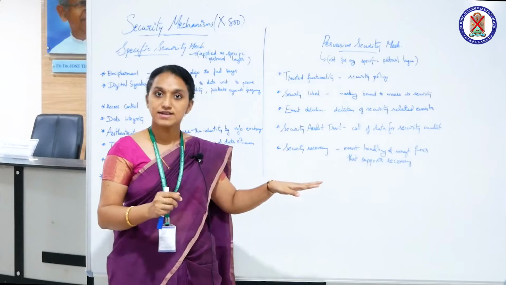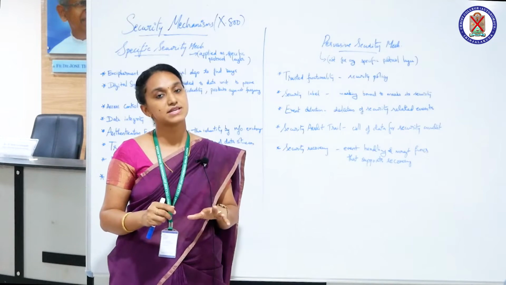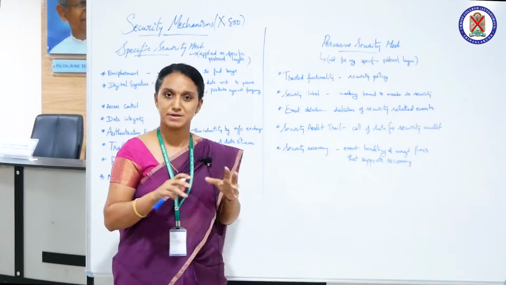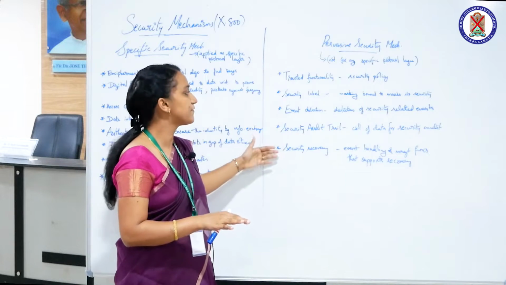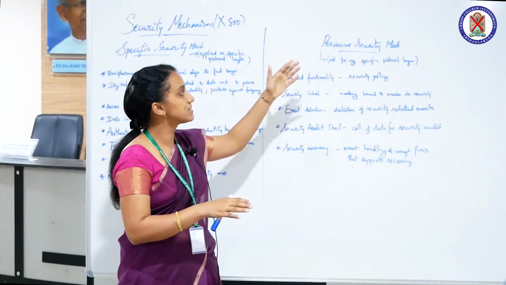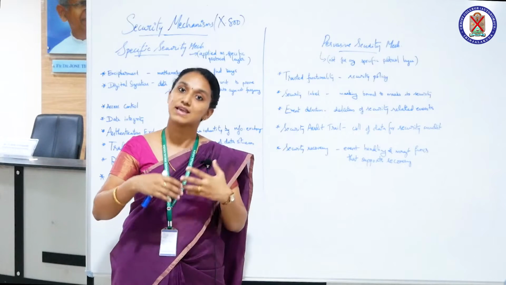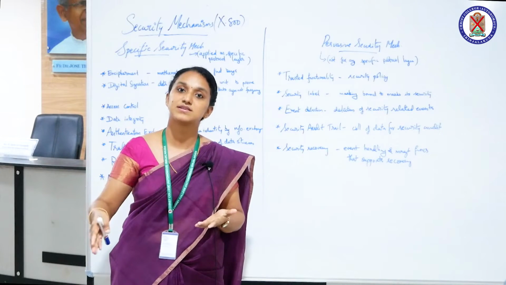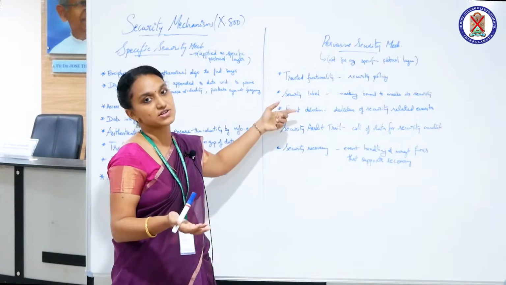The second category of security mechanism is pervasive. Pervasive, as the term indicates, is not specific, it's actually general. So these 5 points in the pervasive security mechanisms are general, and they can vary from one organization's security policy to another. The first one is trusted functionality.